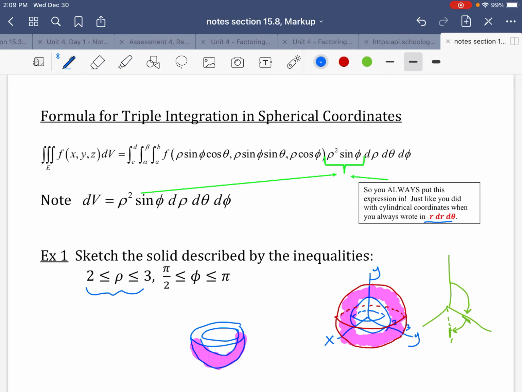So it's like a cup or a bowl, however you want to think of it. Okay, below the xy plane.